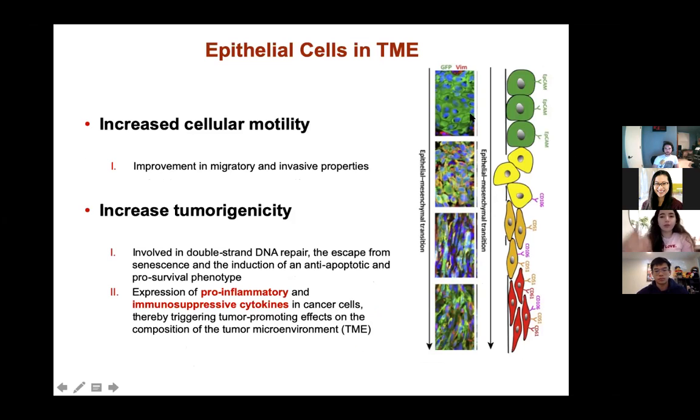If you're seeing on the right, we have the epithelial mesenchymal transition, and we have the red now showing vimentin.